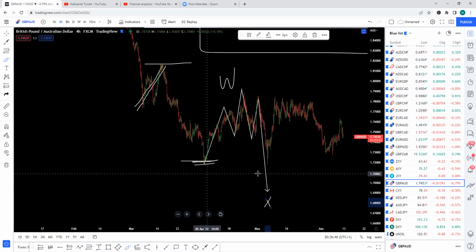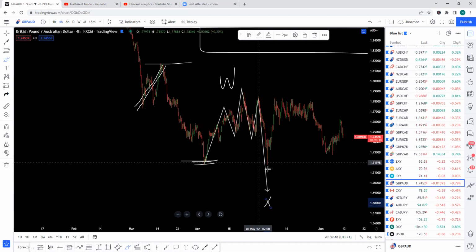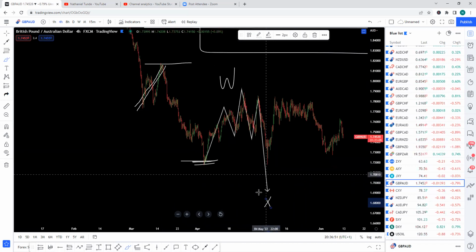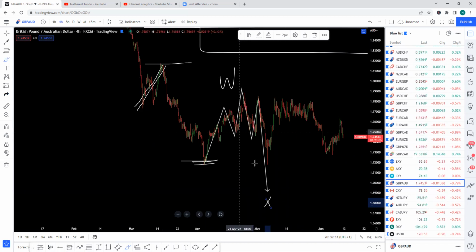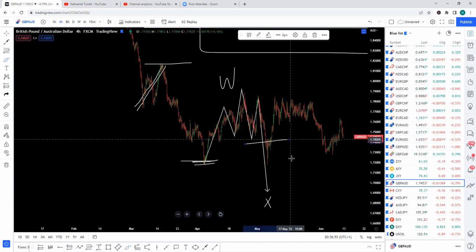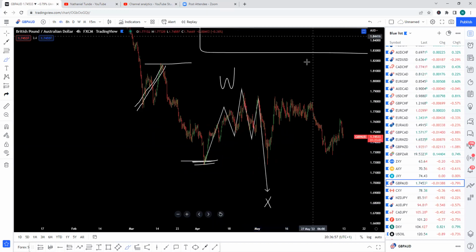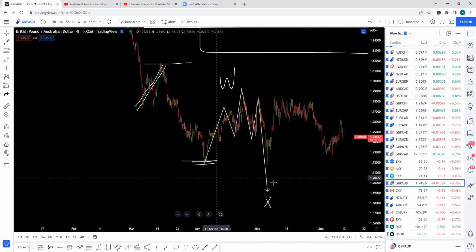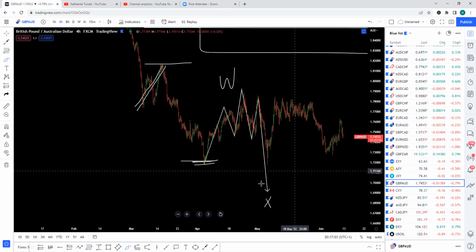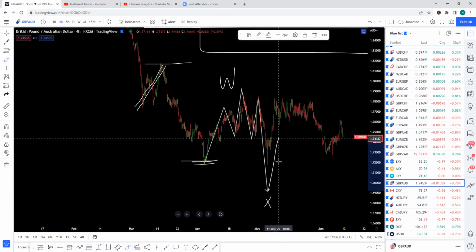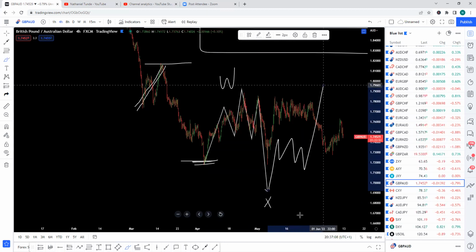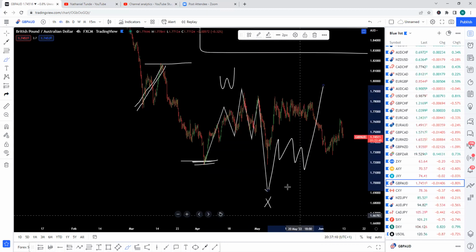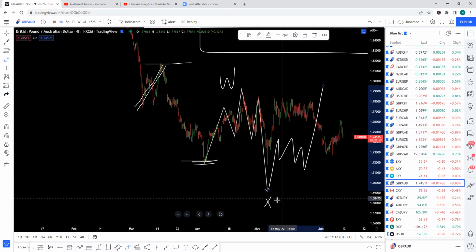A lot of people are faked out. Many people who are selling, by the time this market pulls up, they won't know. Their stop losses are placed here, and it takes their stop losses. So that is the essence of this X grabbing liquidity. As soon as it grabs liquidity, it's going to move up. Corrective structure, that's your trade. So it will be W X.